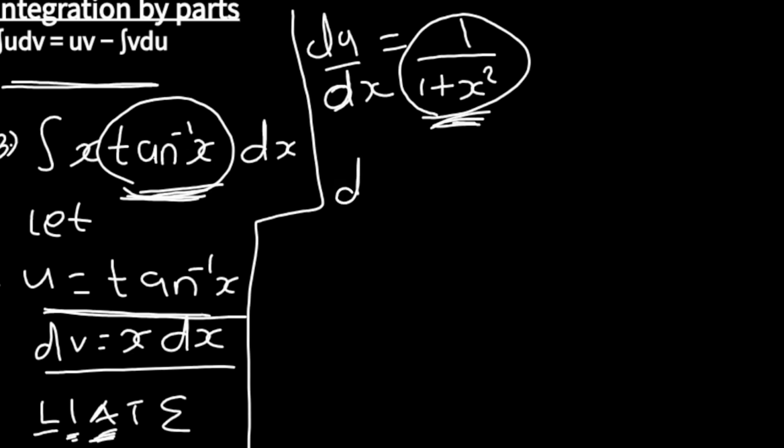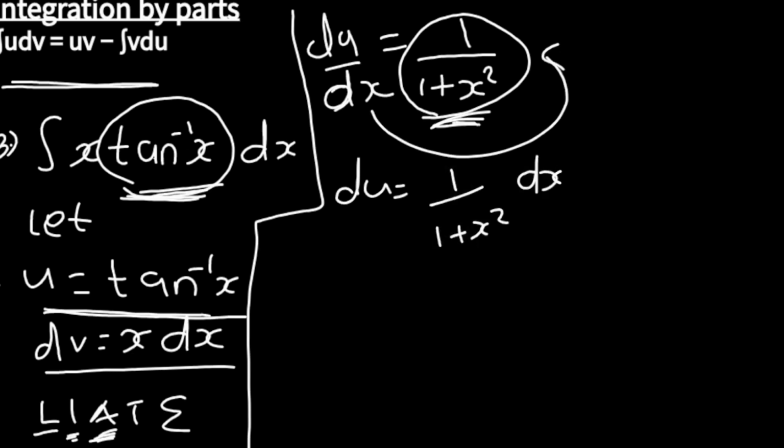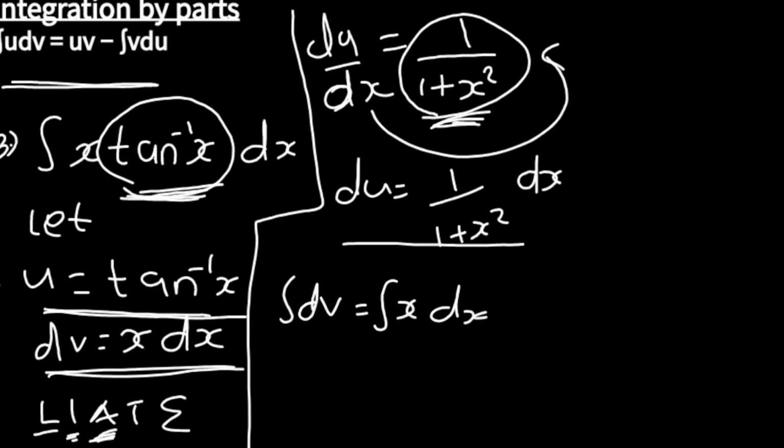So the next thing is to make du the subject. Take dx to the other side. That is du equals 1 over 1 plus x squared dx. After finding du, we now integrate dv. The integral of a derivative cancels out, and we remain with v.